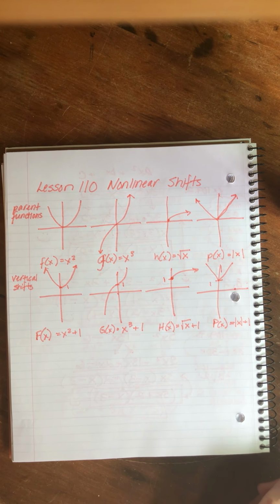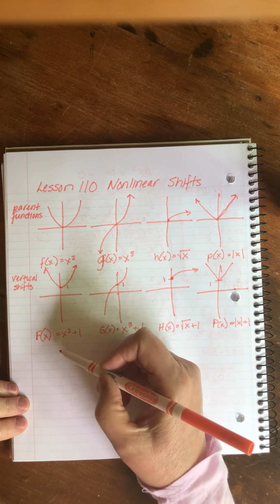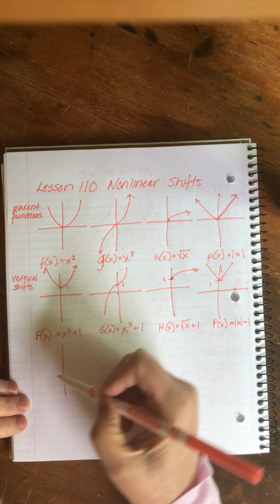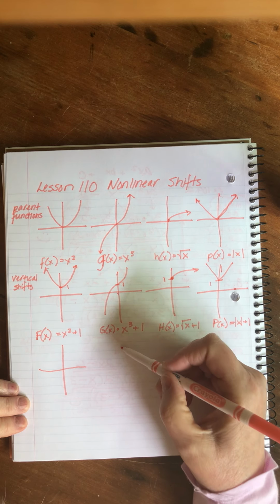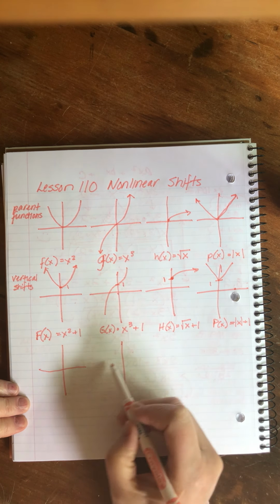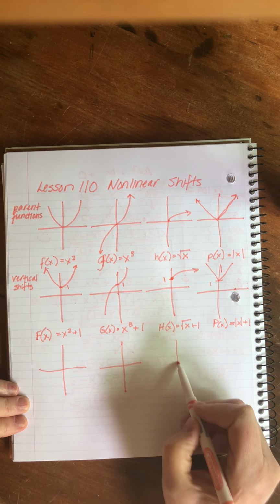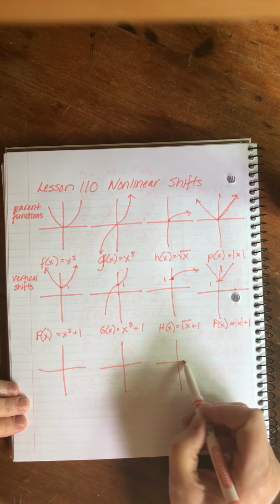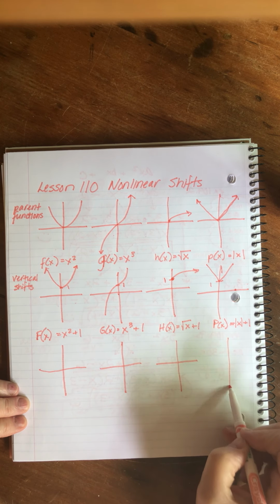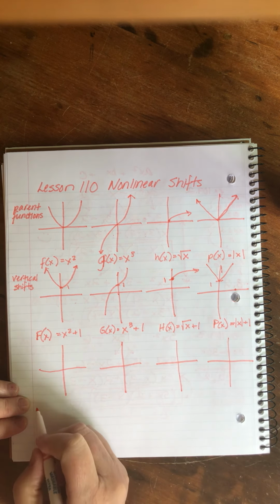Okay, what if we want to shift them down? Still a vertical shift, but instead of going up one, what if we wanted to go down one? What would the equations look like then? What would the graphs look like then?